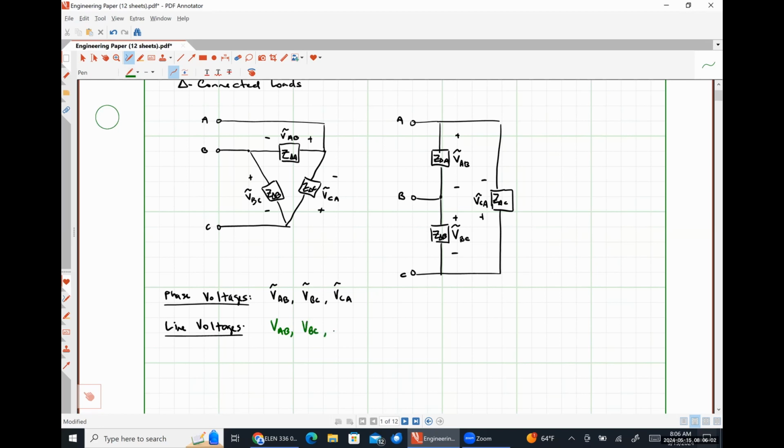VAB, VBC, and VCA. I'm going to go ahead and draw them explicitly as voltage drops across my transmission line terminals, but we can see incredibly easily that it's literally the exact same thing as our phase voltages.